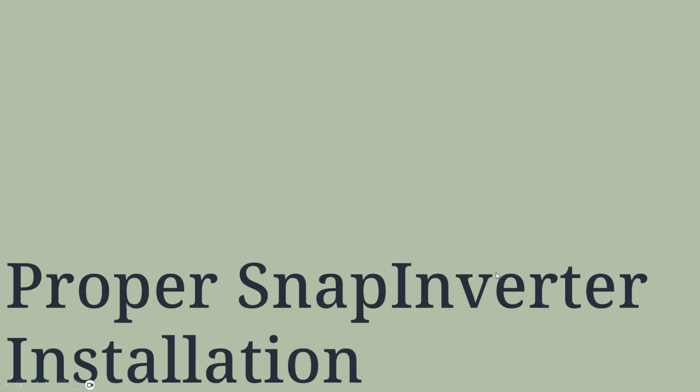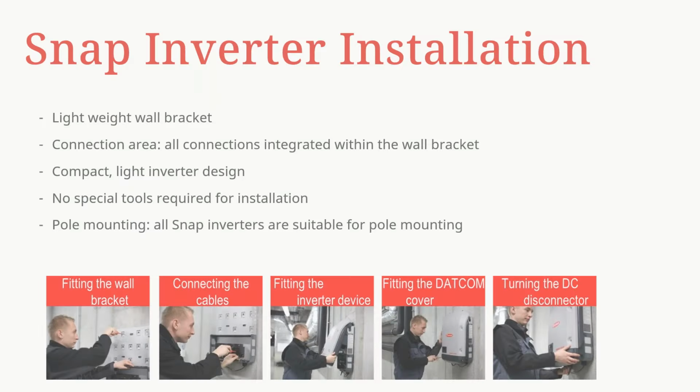Good. Now let's talk about the proper installation, this time for Snap inverters. We shall be doing the same for the Gen 24s and then for the Tauros. Going with the Snap inverter, we all must be familiar with it. For those who are not, it basically comes as a two-part piece. One part is the wall mount bracket, as you can see being installed in the illustration.